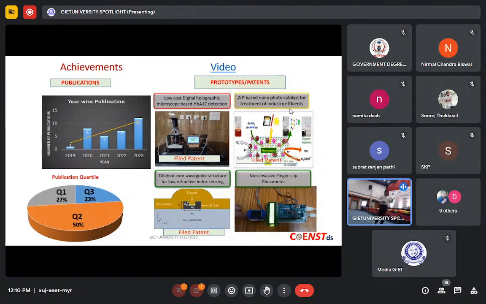This is just like measuring your oxygen level: you just put your finger in that chamber, and immediately it will give you your HbA1c level. So this is the recent prototype we developed. It is under testing, and I think we will also go for a patent for this non-invasive finger glucometer.